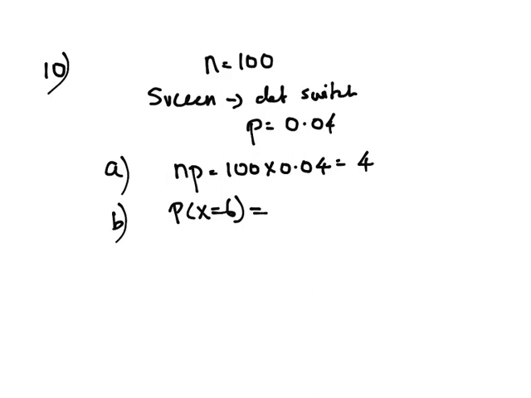Distribution, binomial, go to BPD and substitute x as 6. Number of trials is 100 and probability of success is 0.04. So you get 0.105 as the answer.